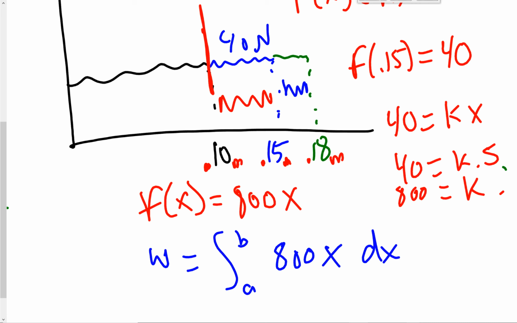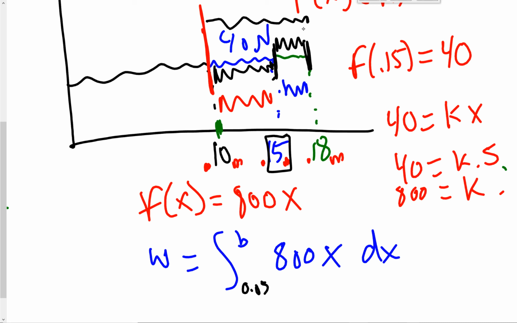And here my a and b is going from stretching the 15 centimeters to here. So that's starting at 0.15, or what's the displacement here? That's 0.05. So the displacement from here to here is 0.05, and the displacement all the way across is 0.08.